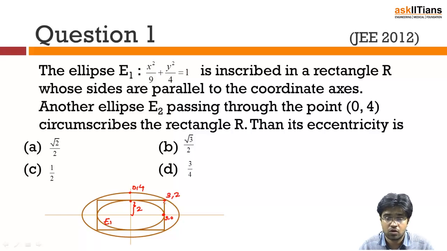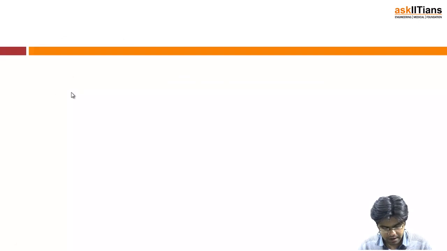So this point is on the ellipse E2, and the ellipse also passes through (0, 4). If you see, the length of the semi-minor axis of E2 is actually 4. So now various things are clear. I know that b is equal to 4 and the ellipse passes through (3, 2).